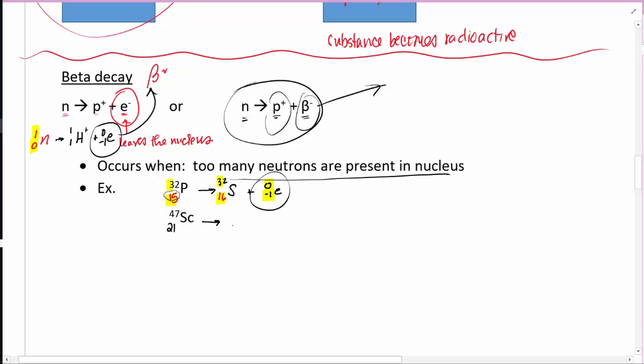Scandium will also release a beta particle. If it releases a beta particle, that essentially means a neutron turned into a proton in the nucleus. It becomes titanium, number 22, and it becomes titanium-47. So that's just a couple examples of that.